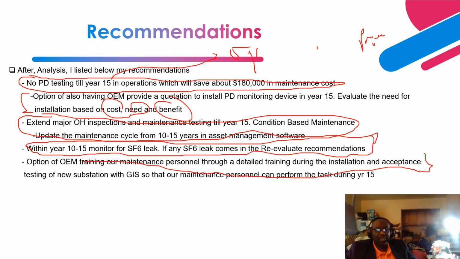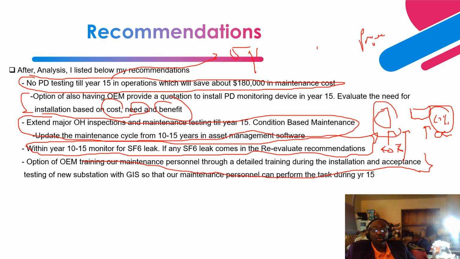So this option gives us the opportunity to split and reduce the cost, where we'll have the OEM perform, let's say, about 60% of the overhaul task, and our maintenance personnel perform 40%. So we can save a lot of money in maintenance cost if there's the need within the 10 to 15 year period to perform a major overhaul.